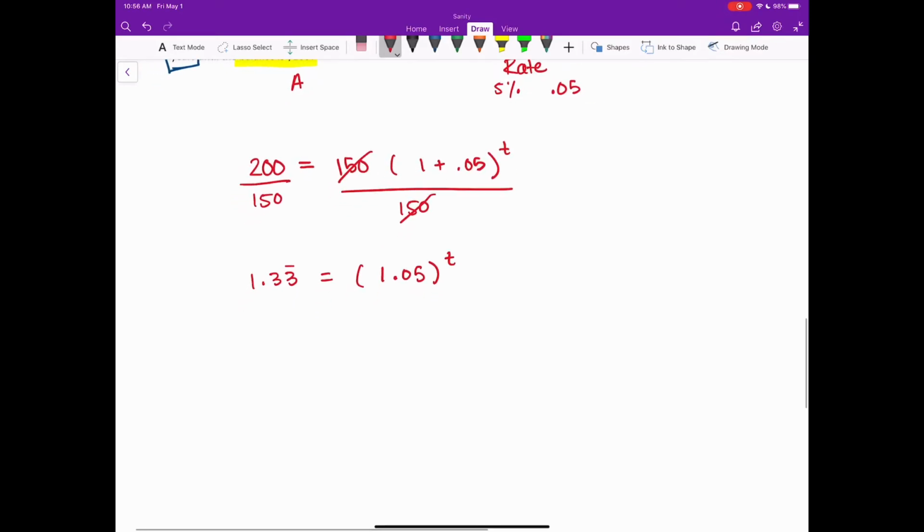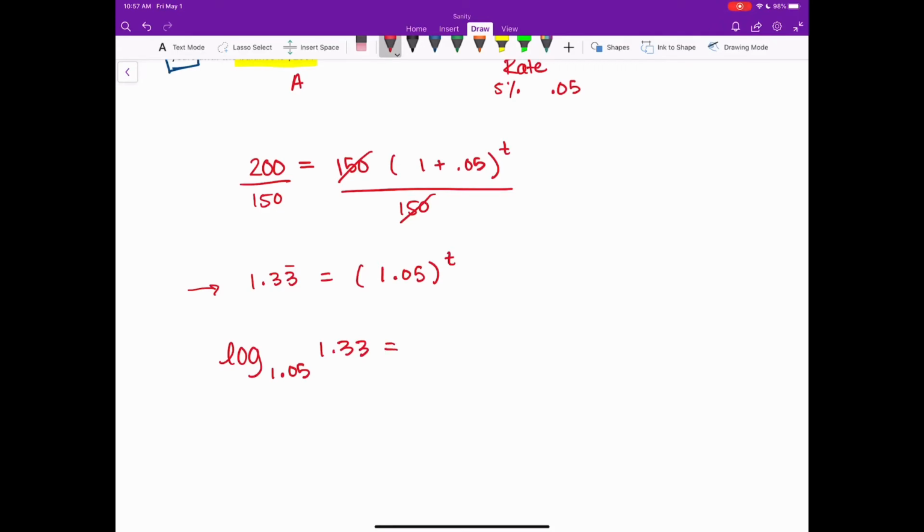Now, it looks kind of crazy because there's decimals, but this is a simple exponential equation, right? Now I have my answer equals a base raised to an exponent. It's very easy for me to put all of this into logarithm form. So I'm going to put this as a log equation. So I have a base of 1.05, log base 1.05 of my answer over here, the 1.33.